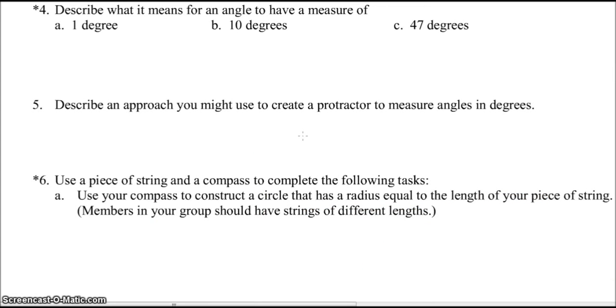Describe what it means for an angle to have a measure of 1 degree. So let's imagine that we have a circle. Let's imagine that we take that circle and we examine its circumference, and we divide its circumference by 360.